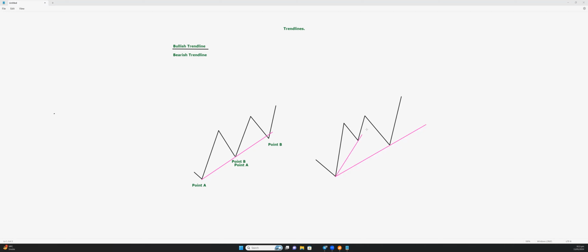But when you use this point, the price is already moving down, so if you draw this trend line, it is not valid. What will be valid? Always think that if we are drawing the bullish trend line, the price must be above our trend line. And if we are drawing the bearish trend line, the price must be below.